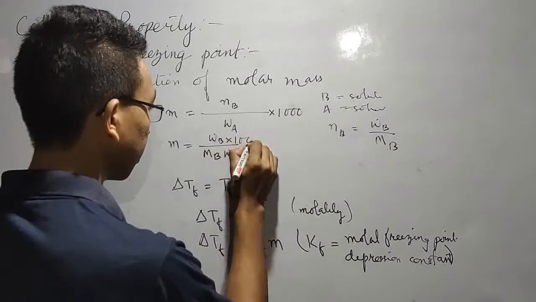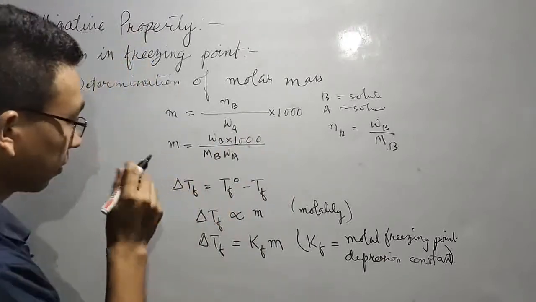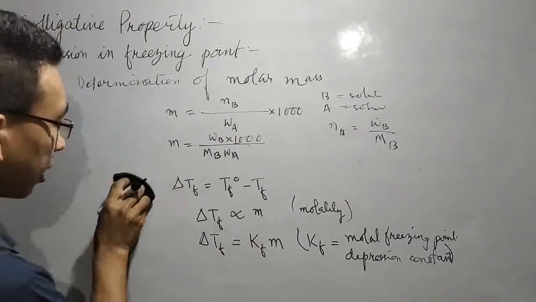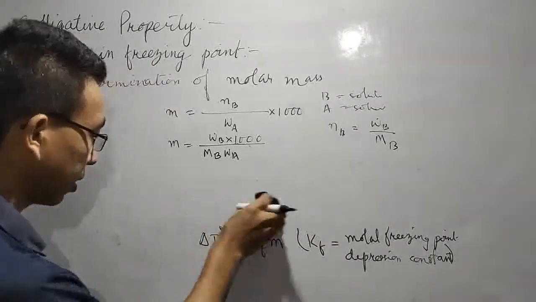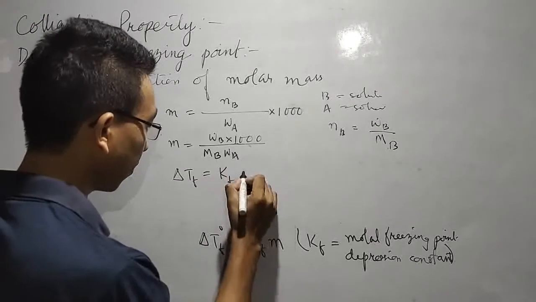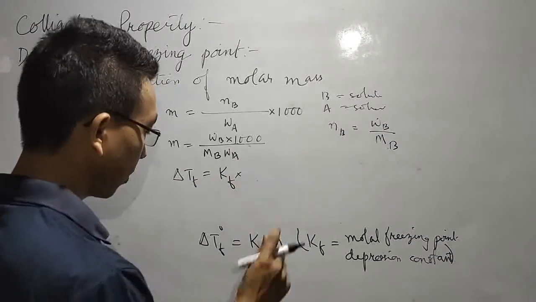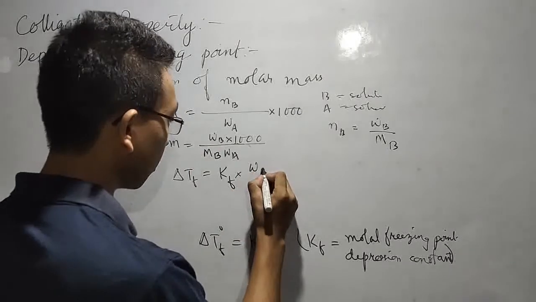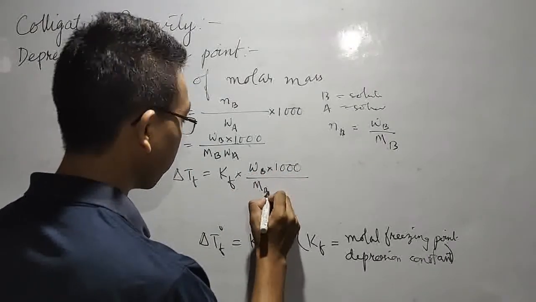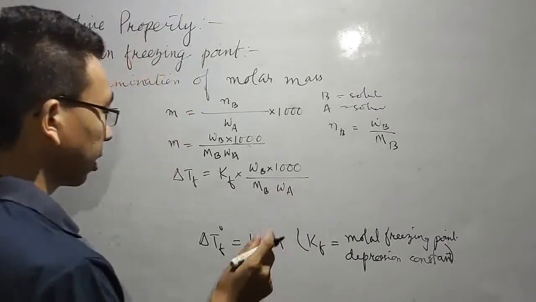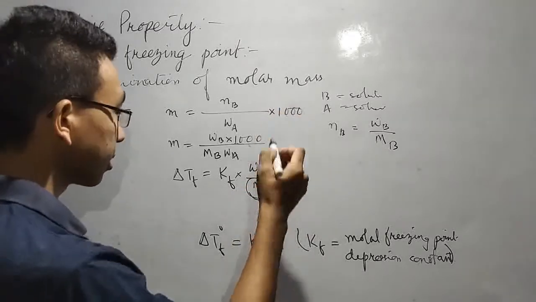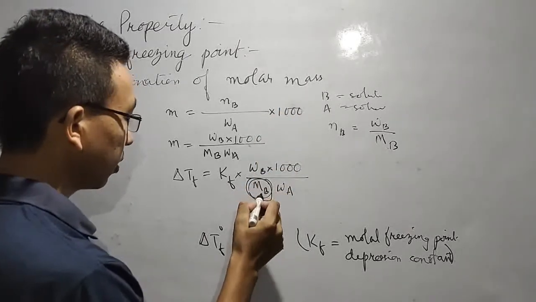Substituting the value of m, we get del TF equals KF multiplied by WB into 1000 divided by MB WA.